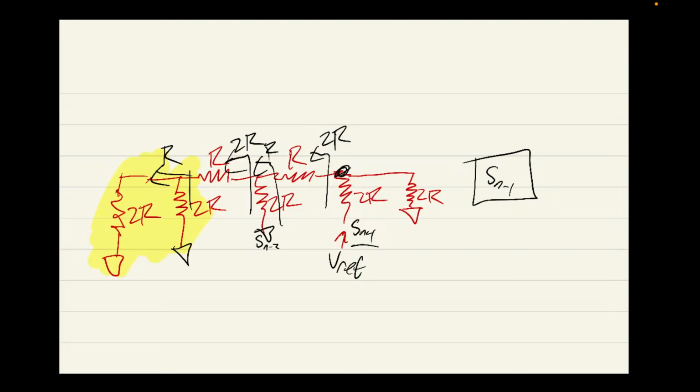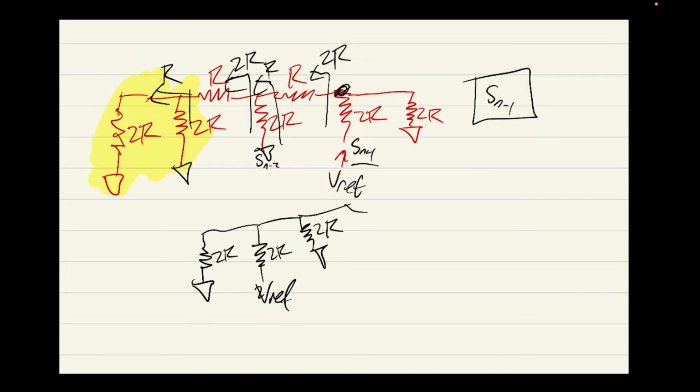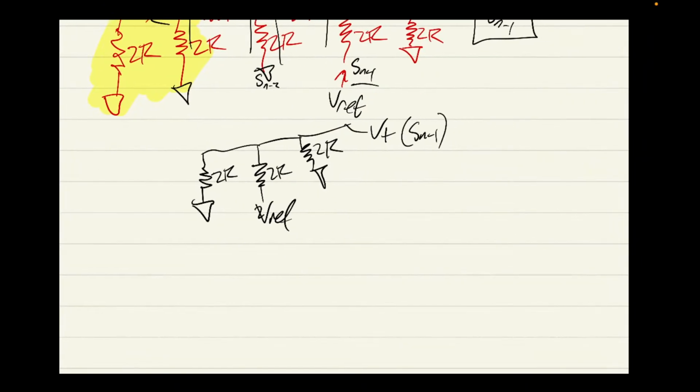Let's keep it rolling. Now we're faced with a new circuit, which is not too riveting, but let's just hammer it out. This voltage is going to be V plus from Sn-1, okay? This is how I'm going to denote my superposition here, and we just need to determine that.